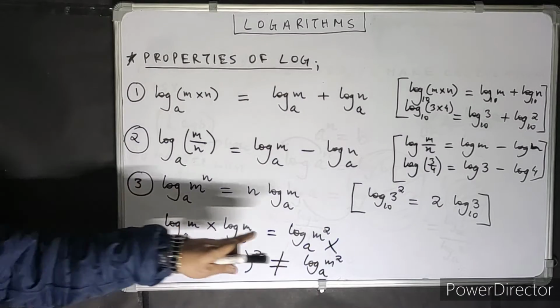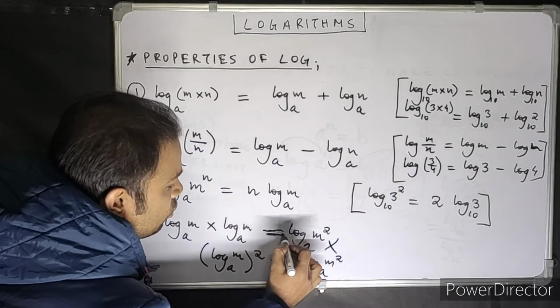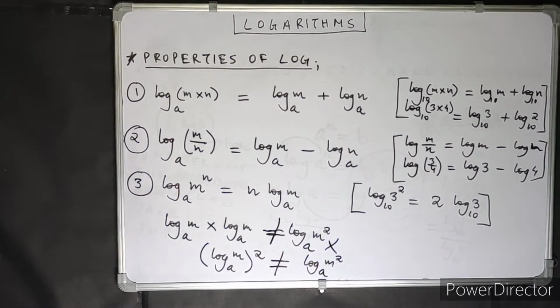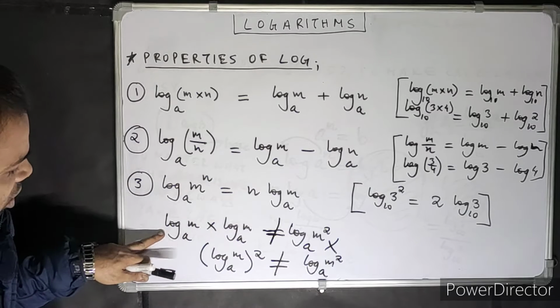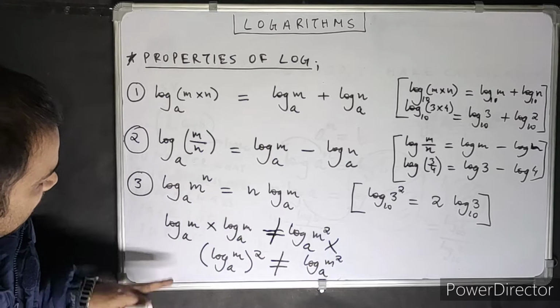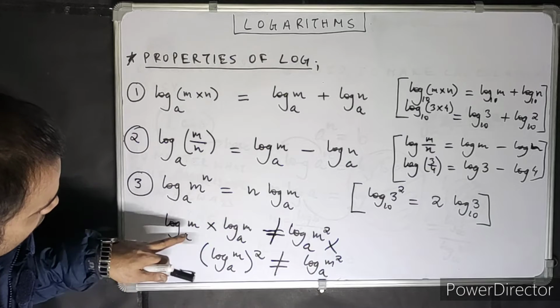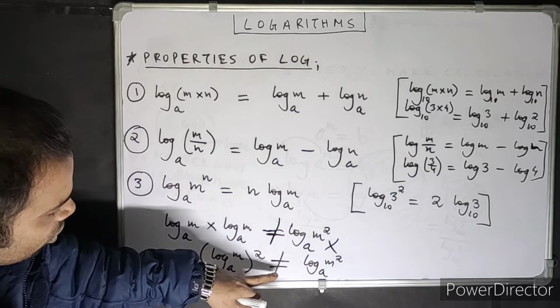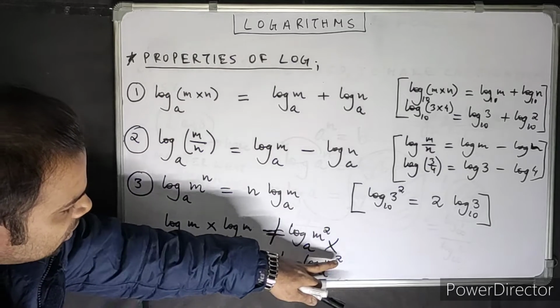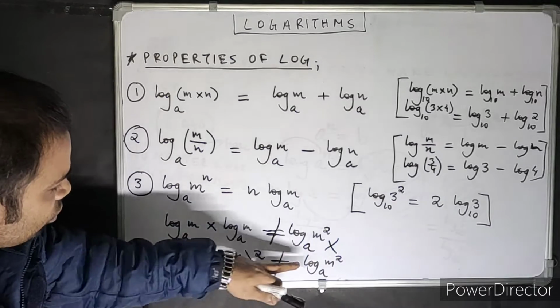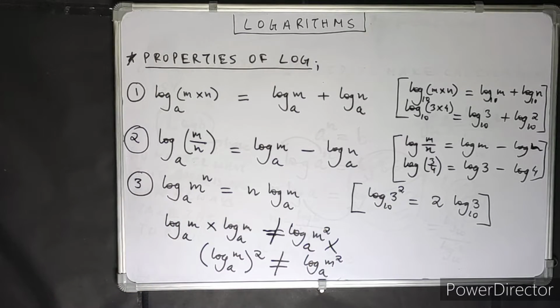These two things are not equal to each other. When you have log m base a into log m base a, same thing, both of them are squared, and this is not equal to the other because the power will come in front. I want you to note this down also along with 3.